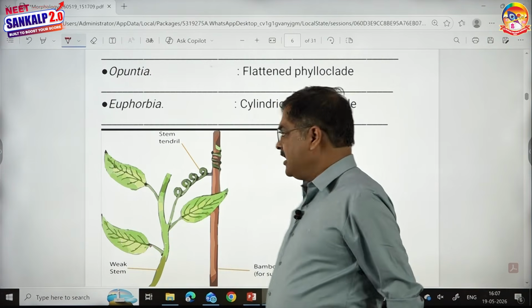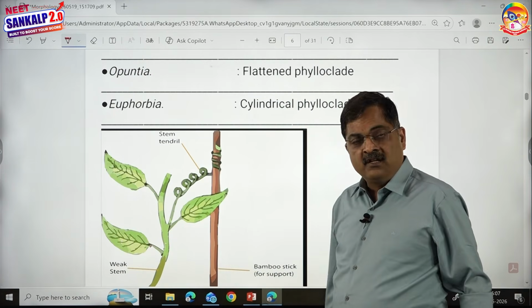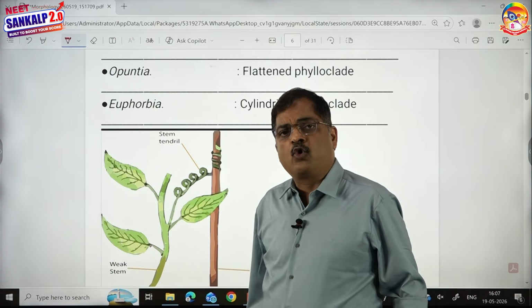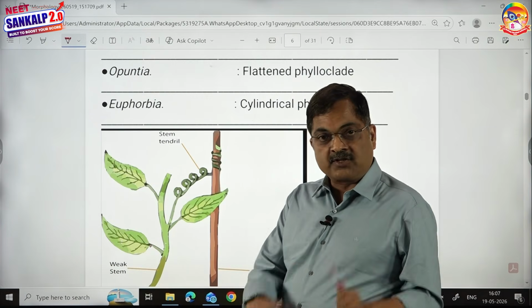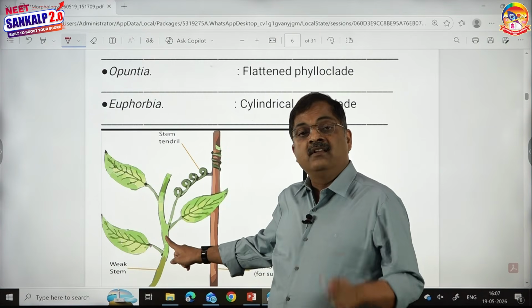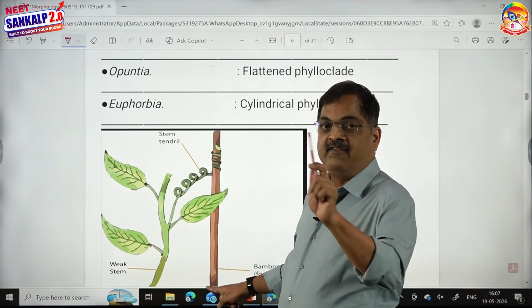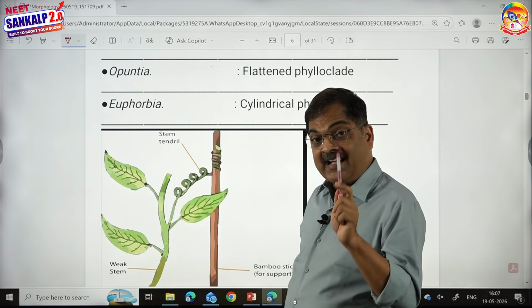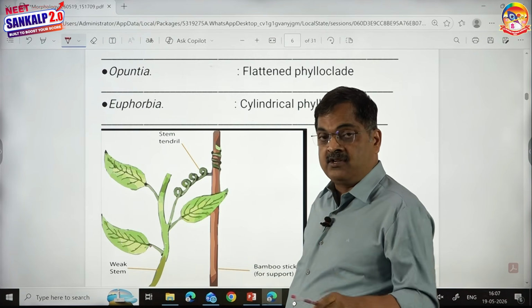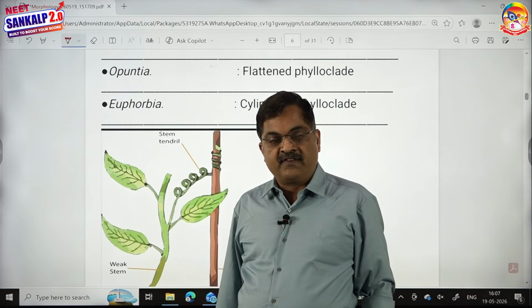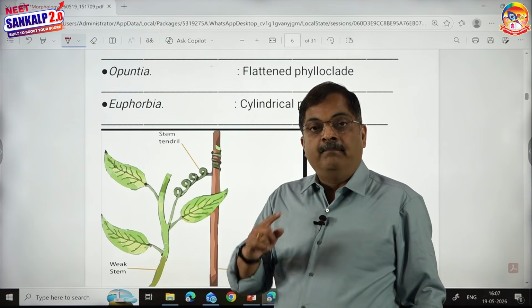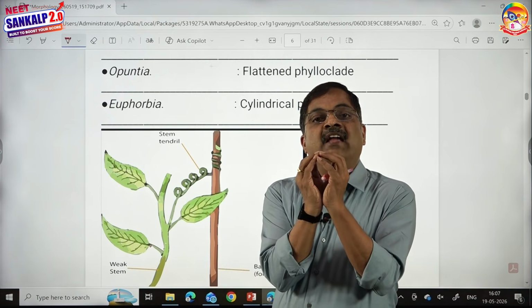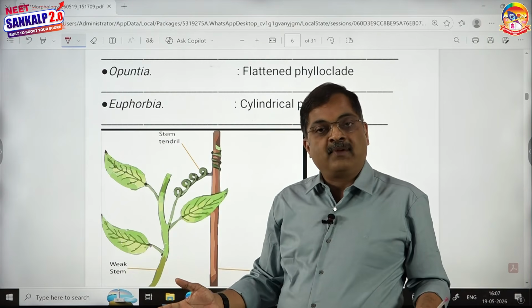The question you're going to ask me: you said it is leafless, so when it is leafless, why do you call it a stem? That's a nice question. But understand that the axillary bud is giving rise to a tendril. When an axillary bud is giving rise to a tendril, it should definitely be a stem modification. You may ask me why. A bud is nothing but a highly condensed stem with overlapping of leaves.